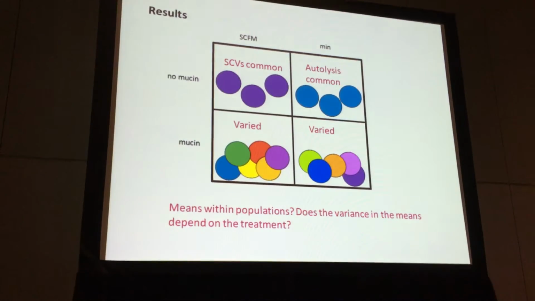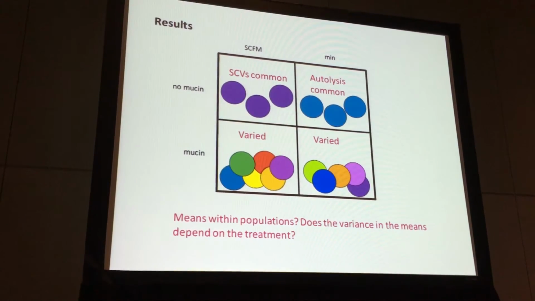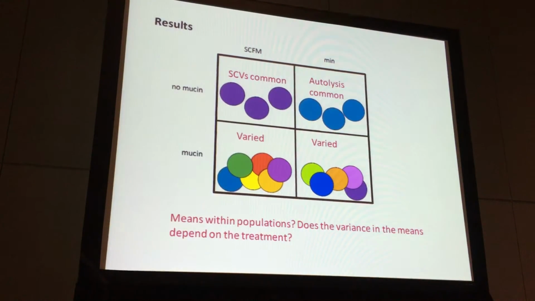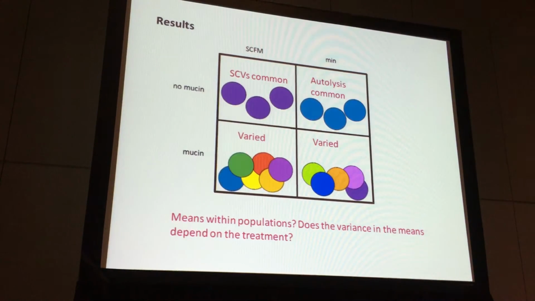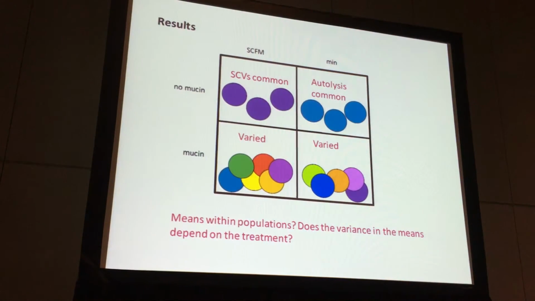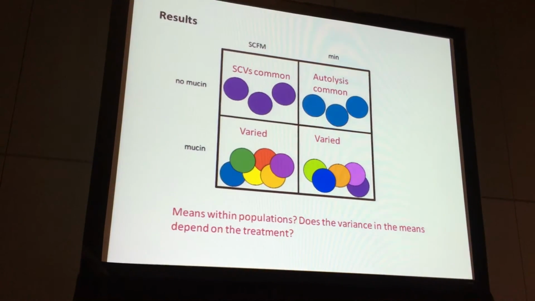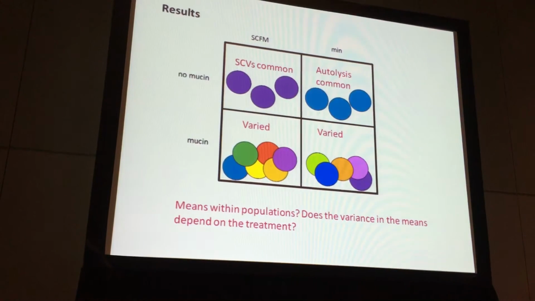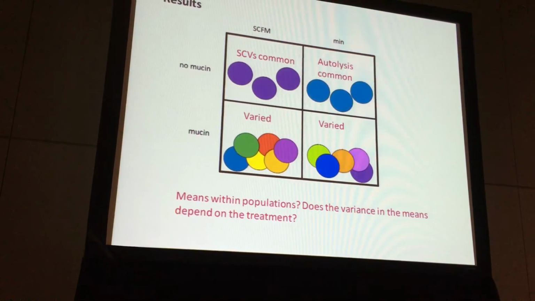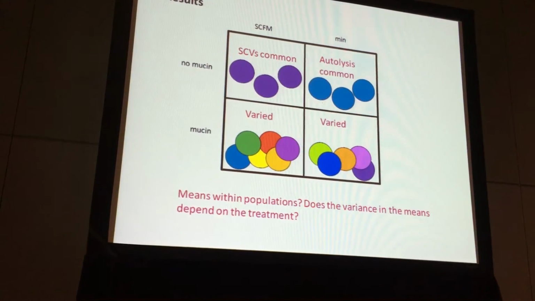But just to remind you of what I said earlier about the diversity of outcomes within a treatment, I saw more similar outcomes in the treatments without the spatial structure than with. So I instead looked at the means within the populations of these phenotypic traits and asked, does the variance in the means depend on these treatments?